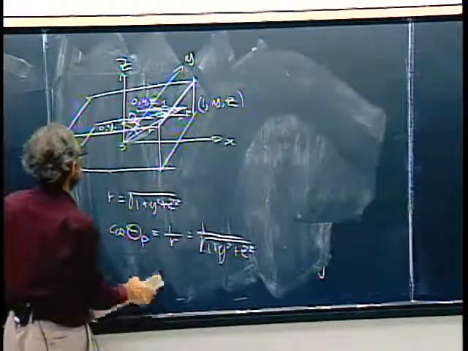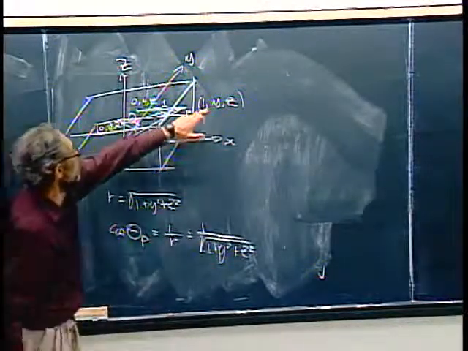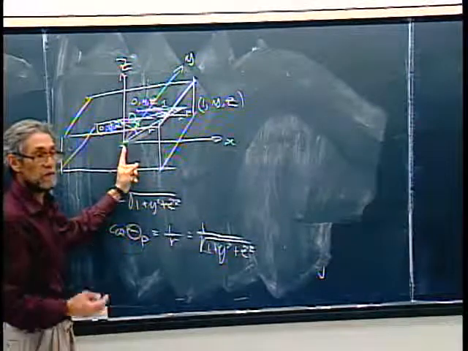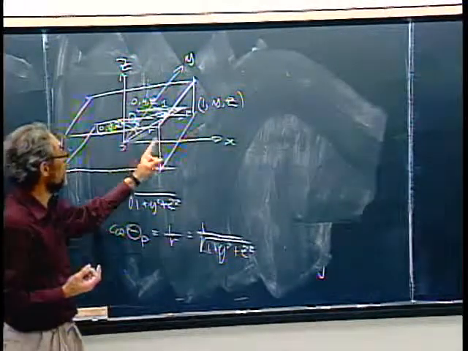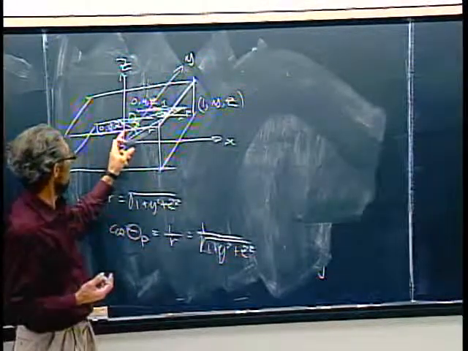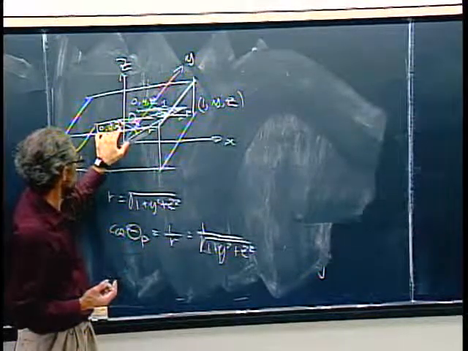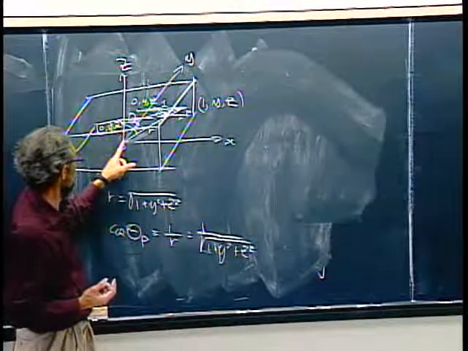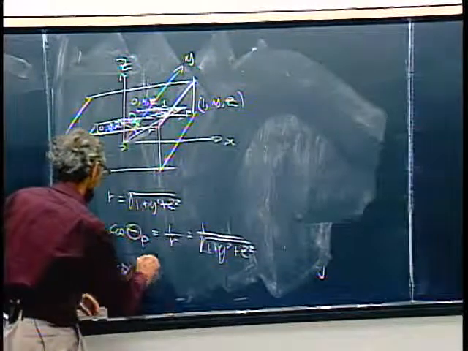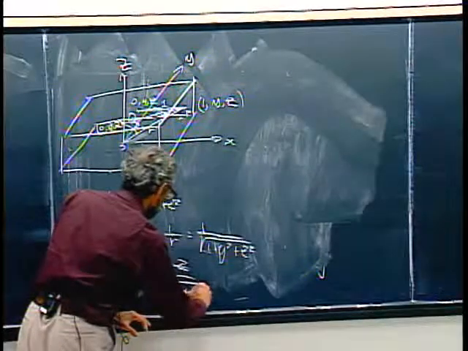Y is 0, z is the same as it was. Is this the projection of this vector on the z-axis? Because the z-axis is 0, 0, 1, and you dot that with this and you get the z component, and then you multiply it by the vector 0, 0, 1. So that means that this dot product is the length of this divided by r. Right? So cosine theta at the point S is z over the square root of 1 plus y squared plus z squared.